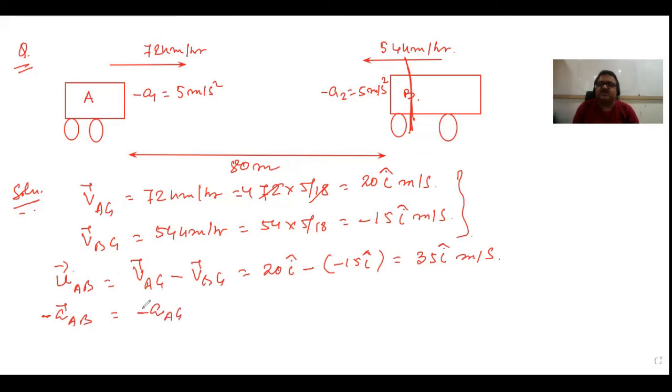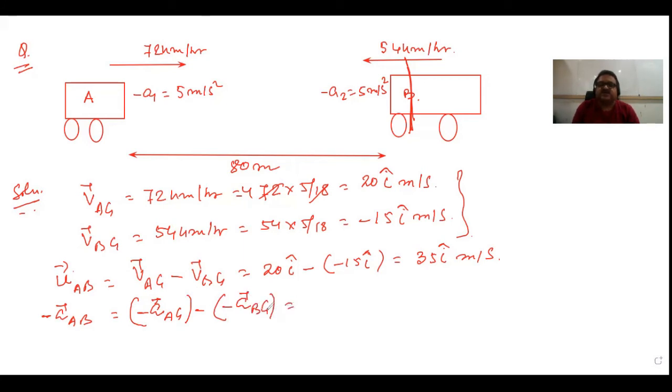Or you can make the calculation and put the negative sign at last, or in this way, minus of acceleration of B with respect to ground.